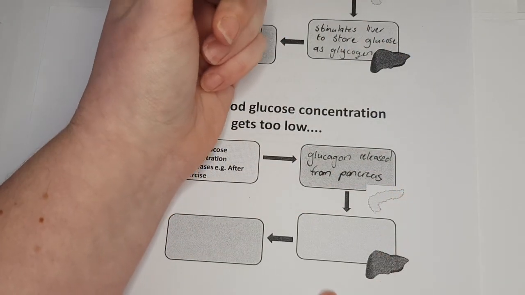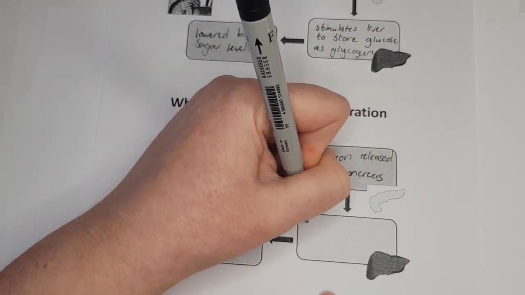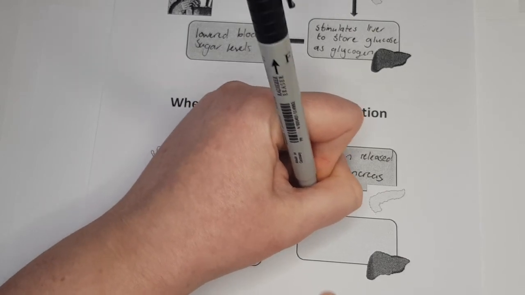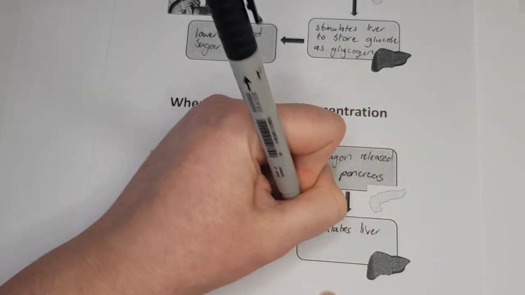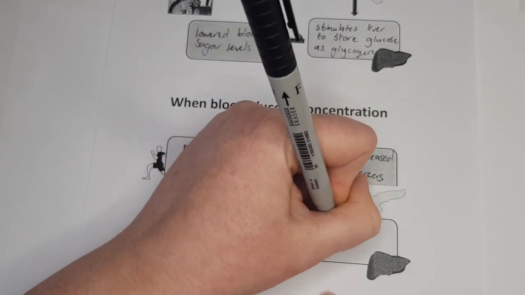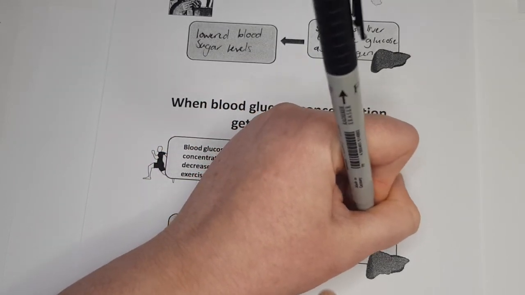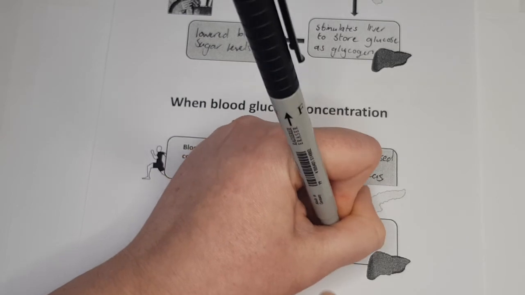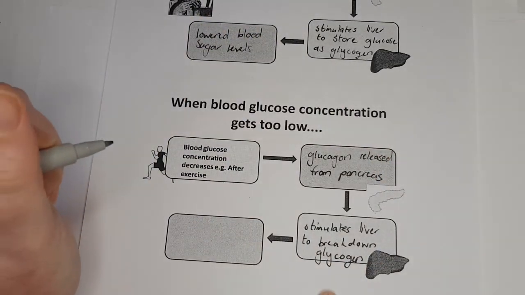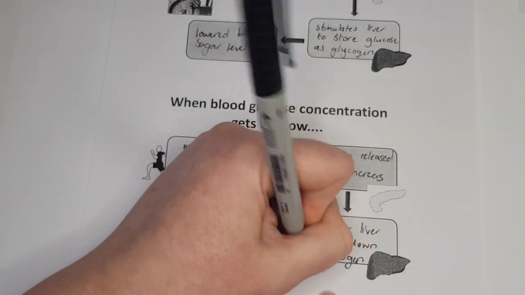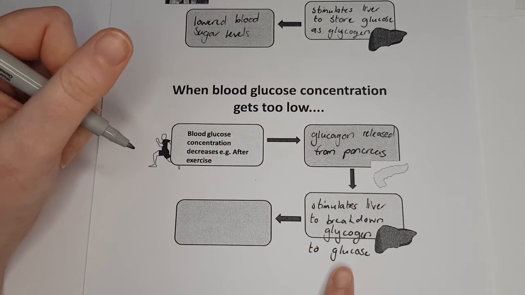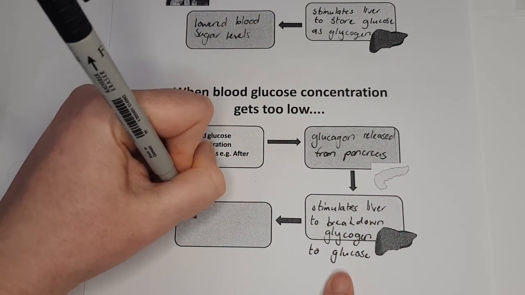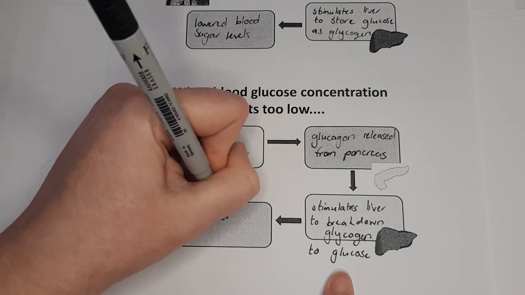And the glucagon stimulates the liver to break down the glycogen. And it turns the glycogen to glucose. And that then causes our blood sugar level to rise.